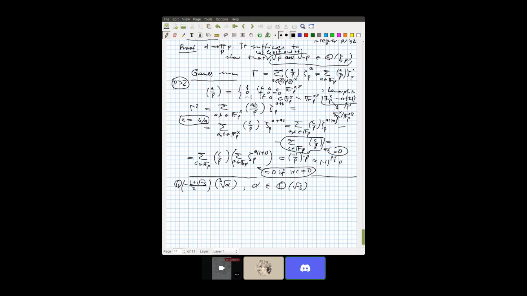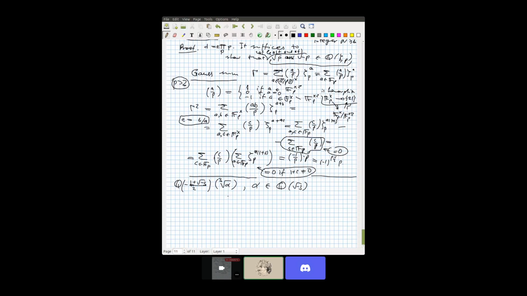And then we can take a look at the Gauss sum. And we know that gamma squared is plus or minus p.